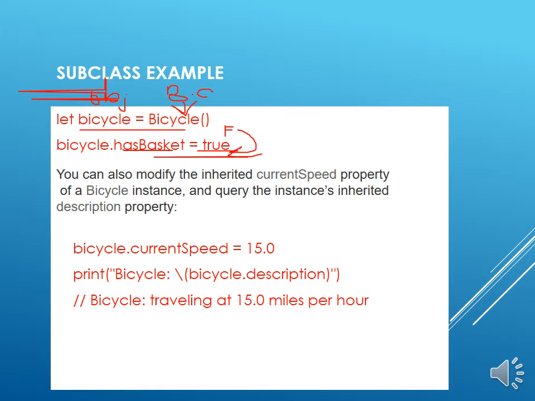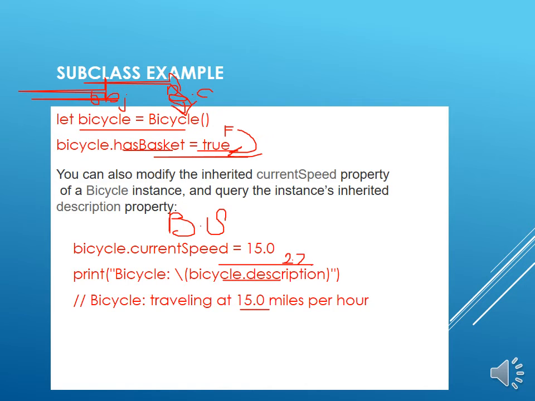That current speed is coming from our base class, but as we know it is being added to our subclass, so it will be changed over there. So we will write print bicycle dot description. This description is being modified from 2.2 to 15.0.